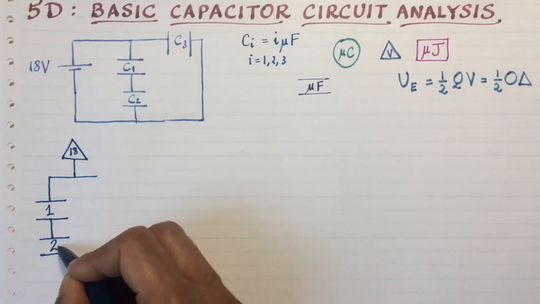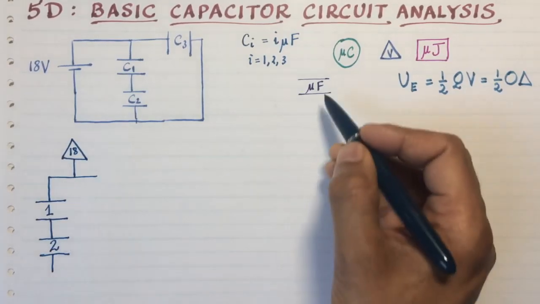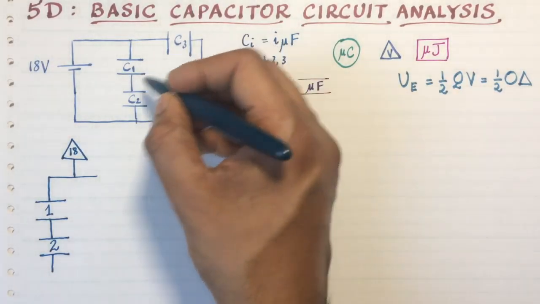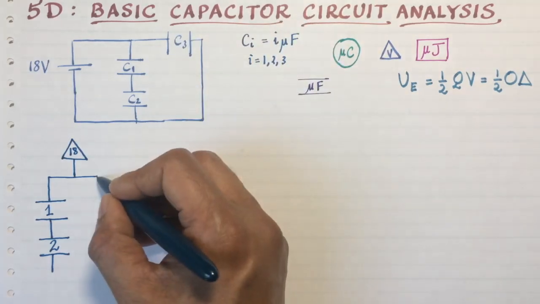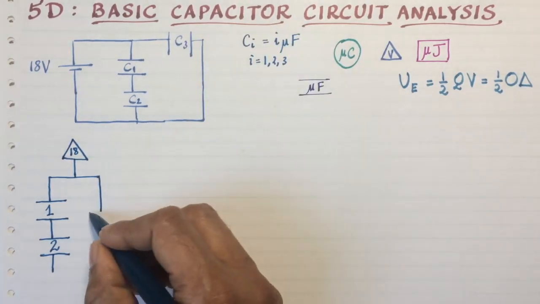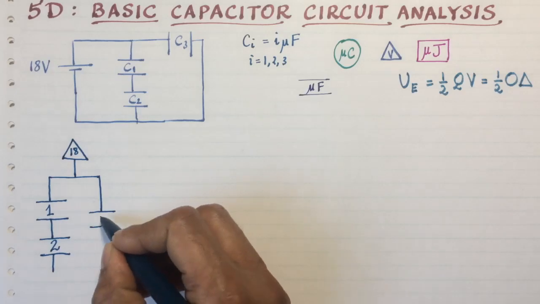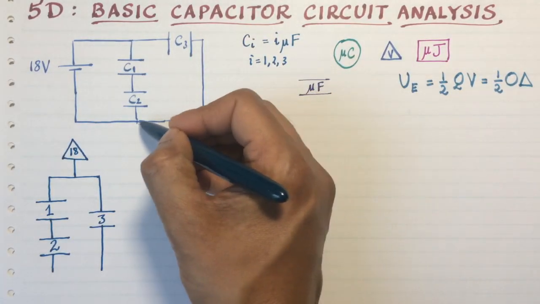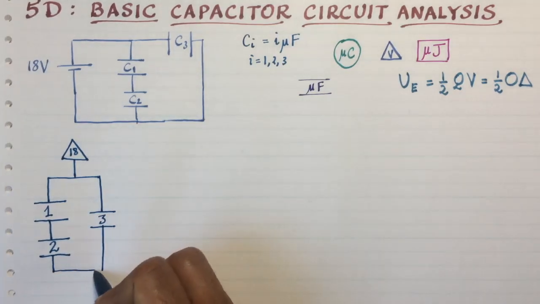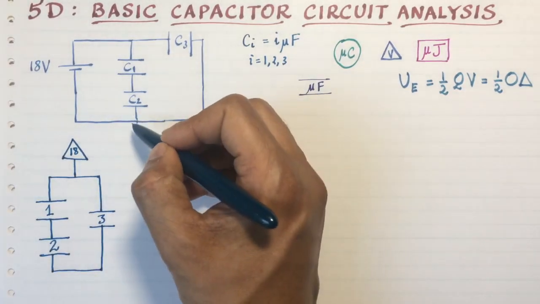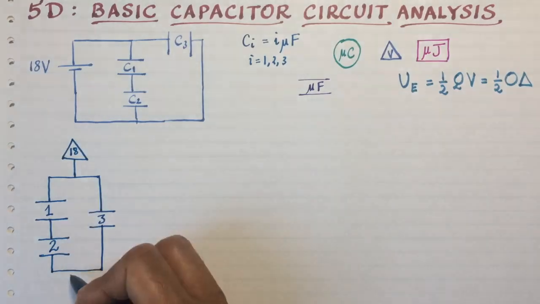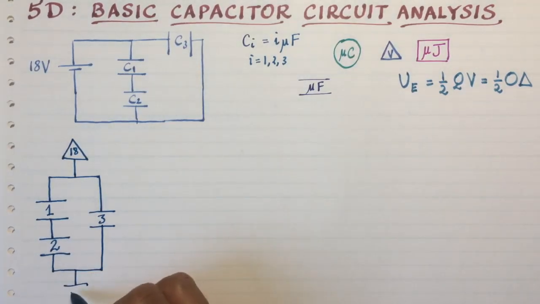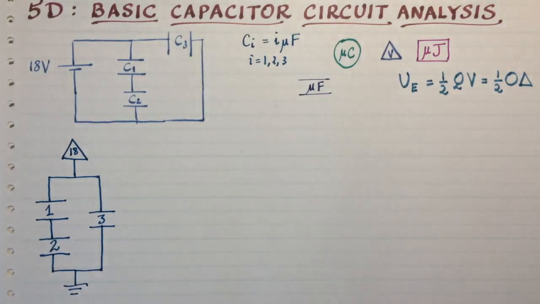Remember, when I put 1 and 2 between the plates, I'm referring to 1 microfarad and 2 microfarads. And then the right branch has 3 microfarads. And then those will join up again, which I'll indicate here. After joining up again, they'll be sent to the negative terminal, which in our language is the ground. So in this manner, I've converted the original circuit diagram into a tree diagram.